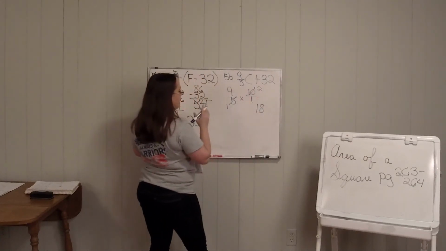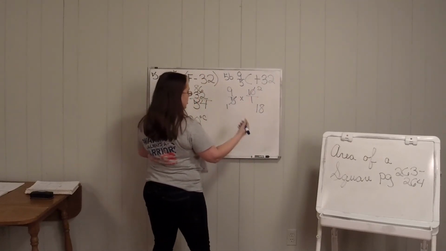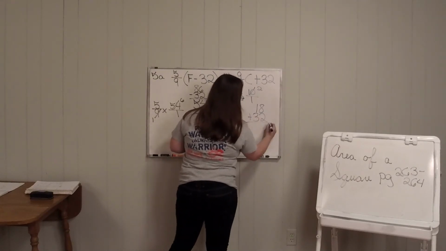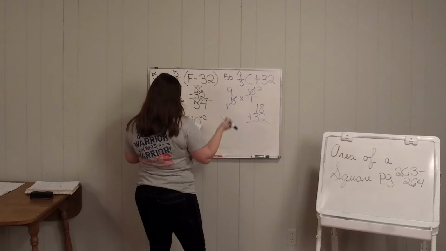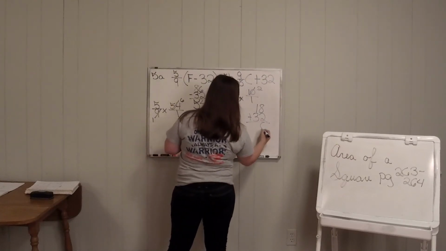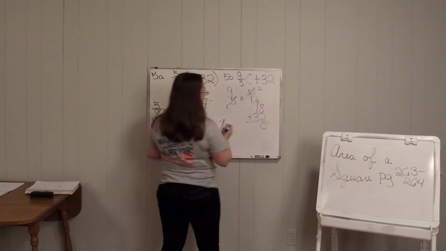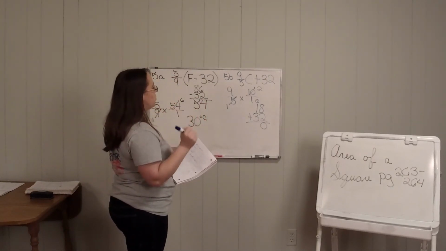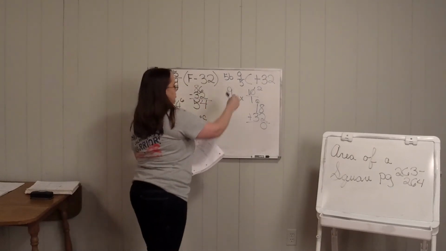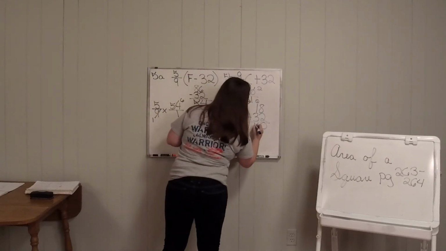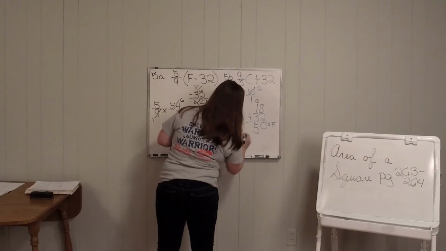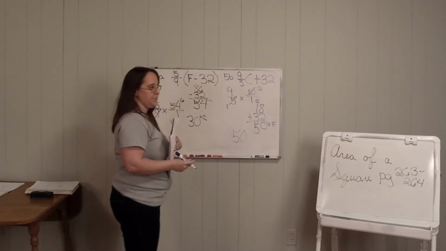Then you're going to add that to 32. 8 plus 2 is 10. Carry my 1, circle it so you don't forget it. 3 plus 1 plus 1 more. 3 plus 1 is 4. Plus 1 more is 5. And it's 50 degrees Fahrenheit is your answer.